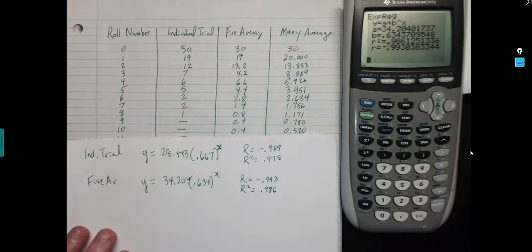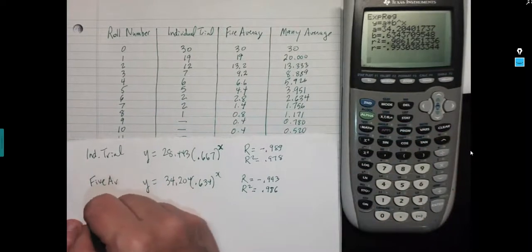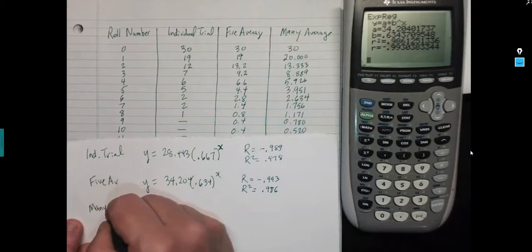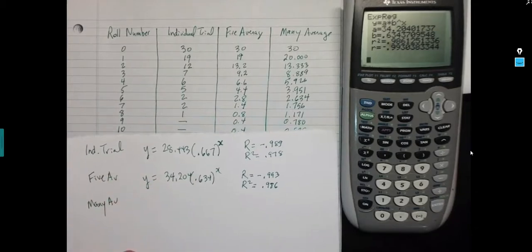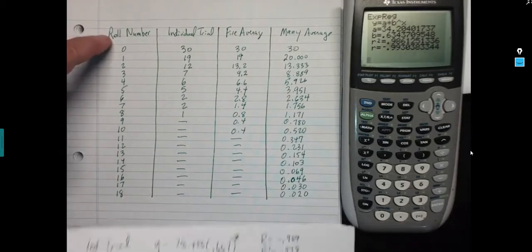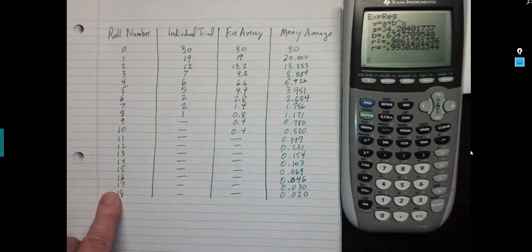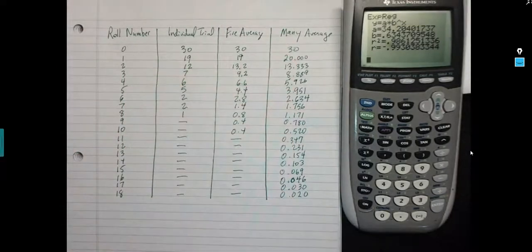Okay, and then my last exponential is for over 1,000, the average of that. So I'm going to have a pair of lists. It's going to be list 5 and 6, and I'm going to take all of these. So my list 5 will be all of the roll numbers, and this will be my list 6.